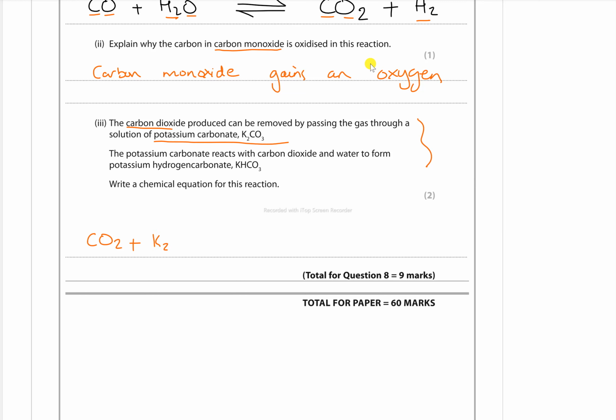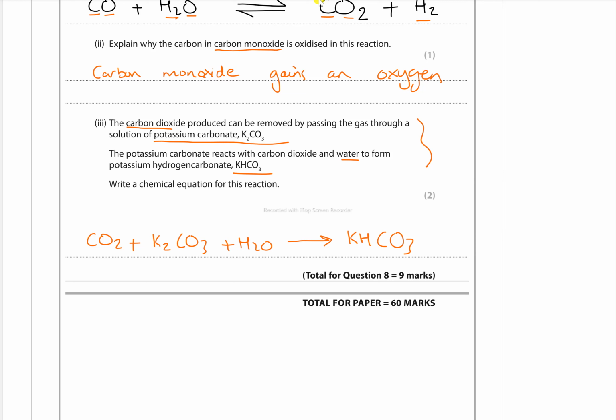So we're going to add potassium carbonate and then water. It's a reaction, and you're going to end up with potassium hydrogen carbonate. So it gives KHCO3. And now we need to balance it.